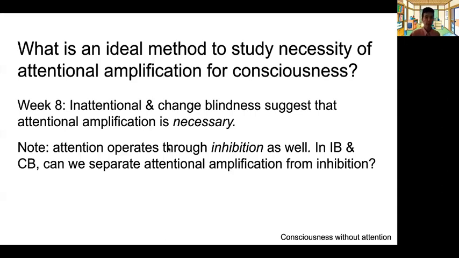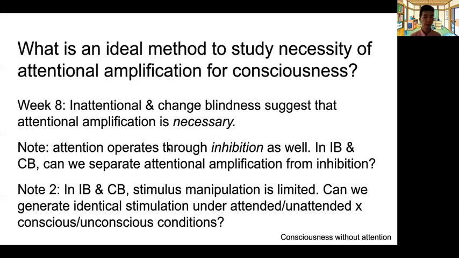The other issue is that in both inattentional and change blindness, stimulus manipulation is also limited. It's a very interesting paradigm, but for example, to make the gorilla invisible, you need a setup where transparent people are passing the basketball, and people are paying attention to the white team and suppressing a black gorilla. It's not that easy to change all these things into many different kinds of color, spatial arrangement, or dynamics.